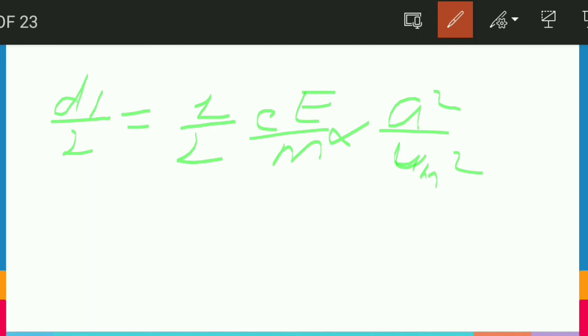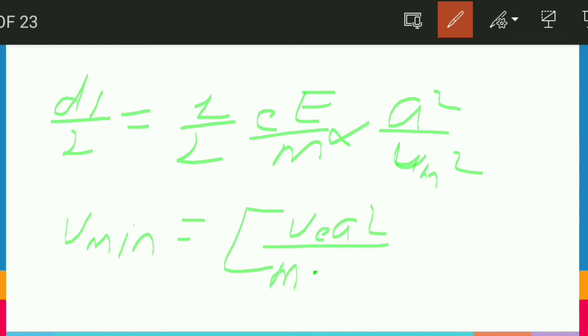So clearly, putting the values, we will get v minimum equals v e a square upon m d1 into (d1 plus d2), whole power 1 by 2, where we know the value of a, and so we can put the values and simplify it. Otherwise we can leave the answer here.